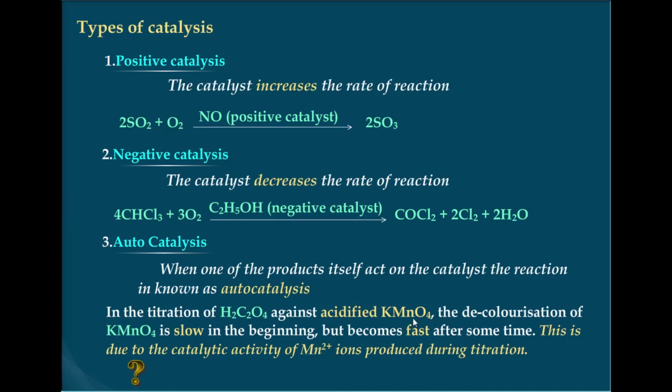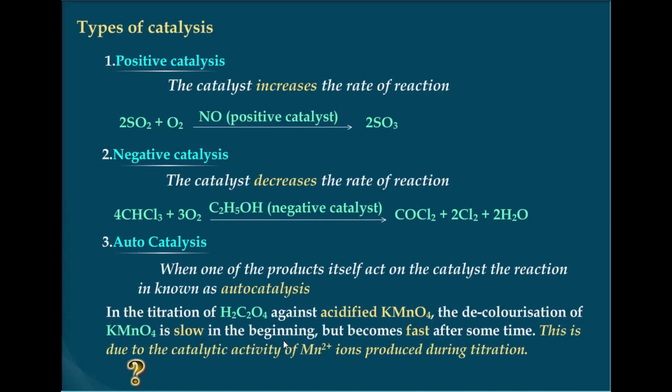There's a titration next year, in the 12th standard. You have in the syllabus the titration of potassium permanganate against Mohr's salt and potassium permanganate against oxalic acid. In both the titrations, autocatalysis is acting. In the titration of oxalic acid against acidified KMnO4, the decolorization of the KMnO4 is slow in the beginning. KMnO4 is usually taken in the burette and oxalic acid or Mohr's salt is pipetted out.